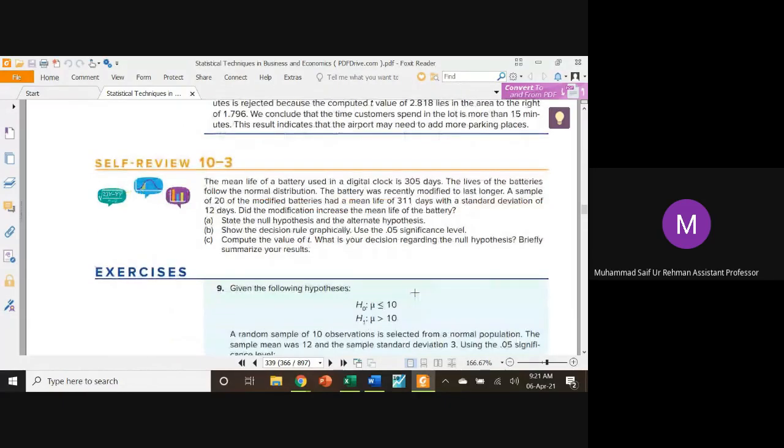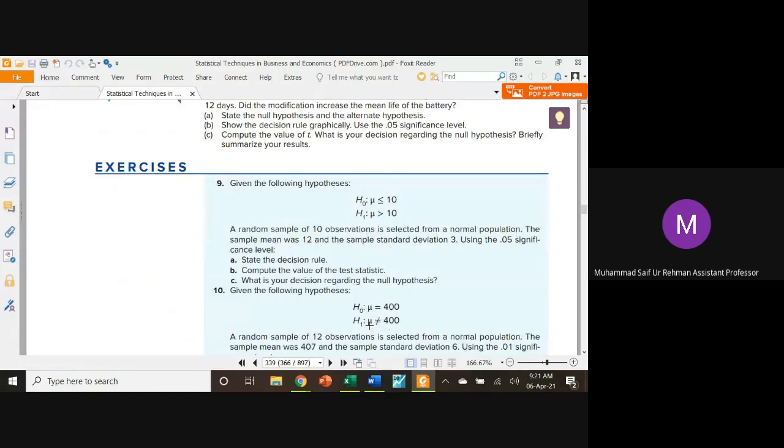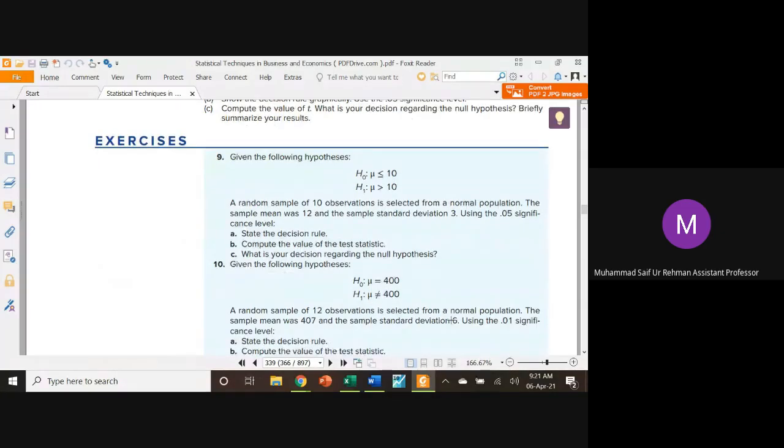Simply remember that in the situations where you would use the equality sign in the null hypothesis and the inequality sign in the alternate hypothesis, those would be the situations where the researcher is not interested in knowing which type of change has occurred, either something has increased or it has decreased. Basically, he is simply interested whether in fact some change has occurred or not.